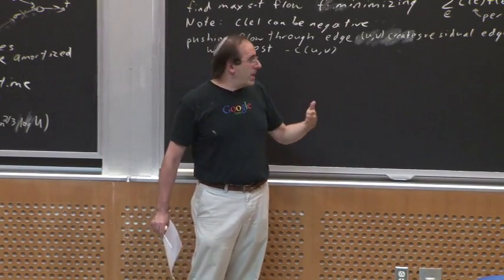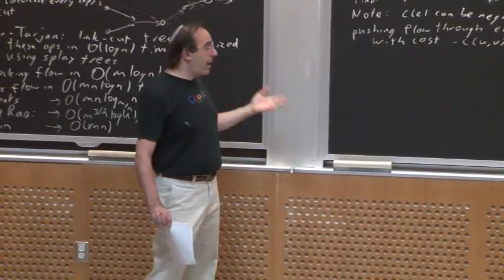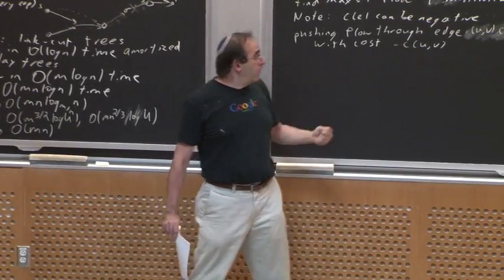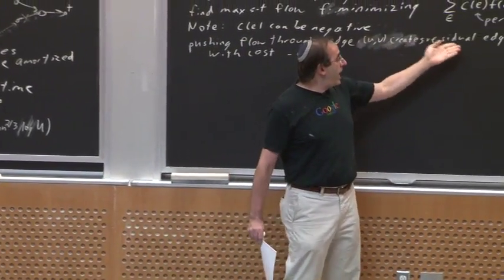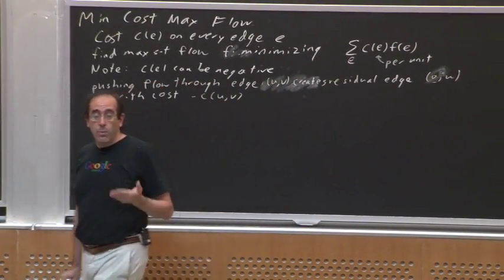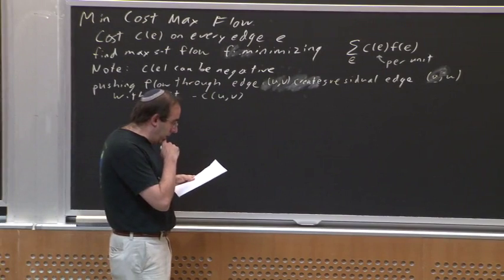And so we represent that with a cost of minus C of UV, which of course will be negative if the original cost was positive. In other words, when we push through an edge that has positive cost, we create a residual edge with profit on it. Okay. All right. What next?